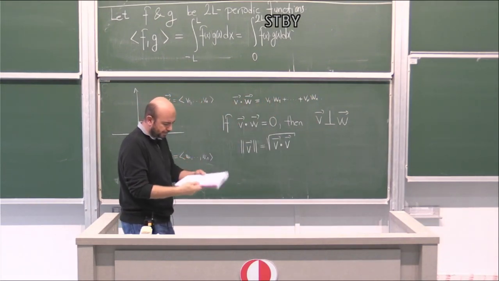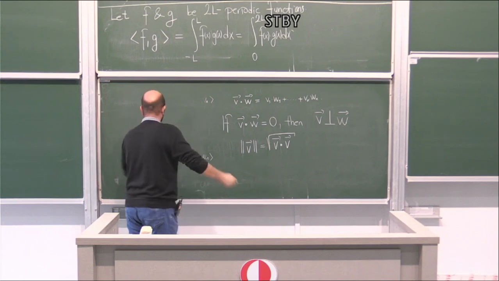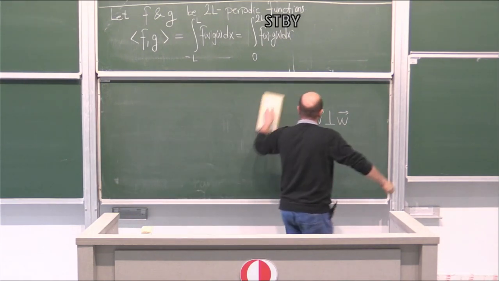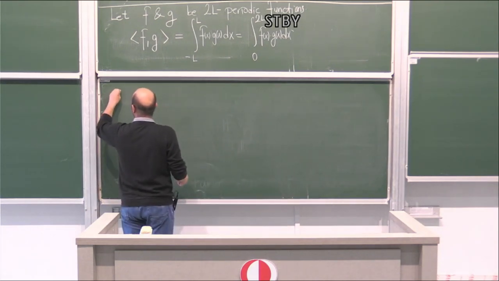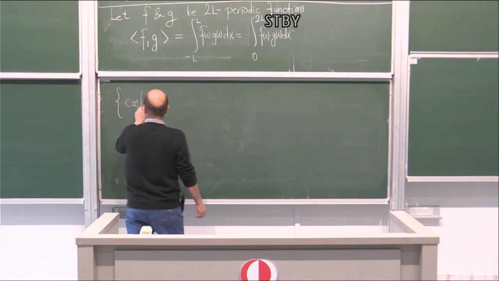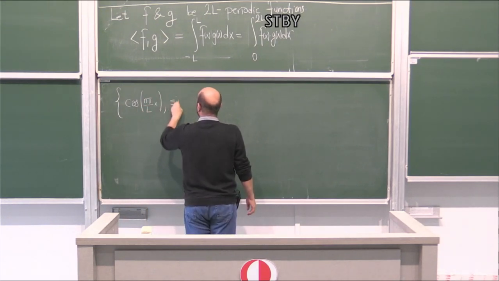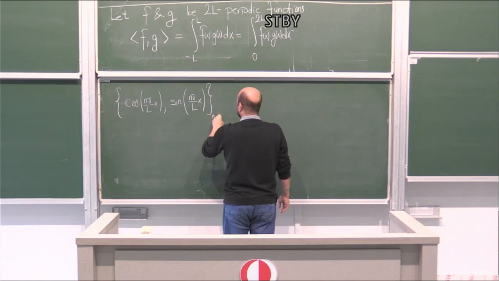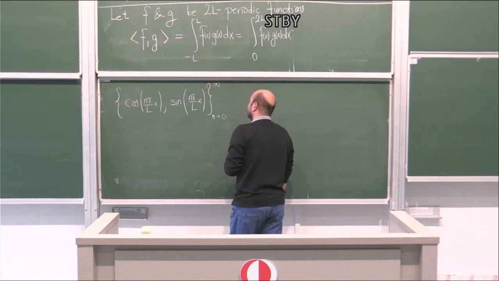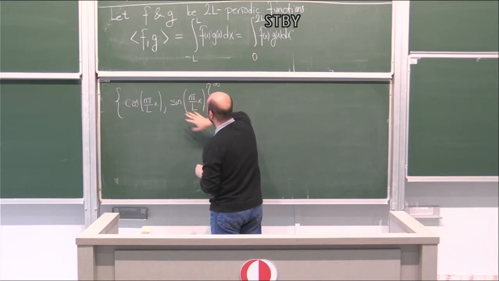Now, I want to prove the following. If I take cosine n pi over L x, sine m pi over L x, if you take this set from 0 to infinity, let me do it this way, because if I write here 0, it becomes completely 0.